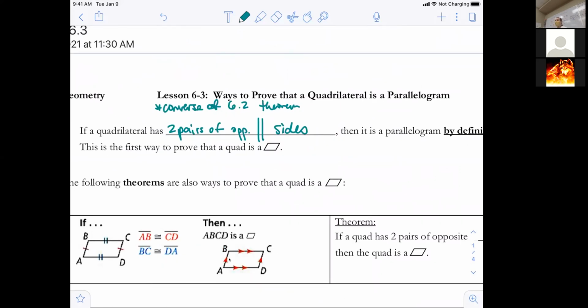So the first one that we've done before we did if a quad is p-gram, then 2 pairs of opposite sides. Now we're switching it. If 2 pairs of opposite sides are parallel, then it's a parallelogram.